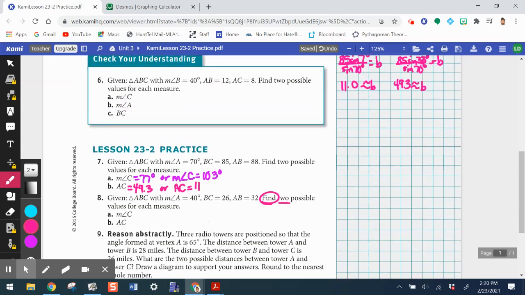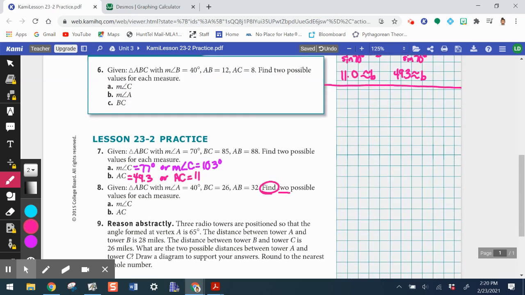So up here, we'll kind of draw a little line just to have a break in it. So if we have some angle A, which they tell us is 40 degrees, and the distance from A to B is 32. So if A is here, then the distance along this ray will stop somewhere saying that this is 32.